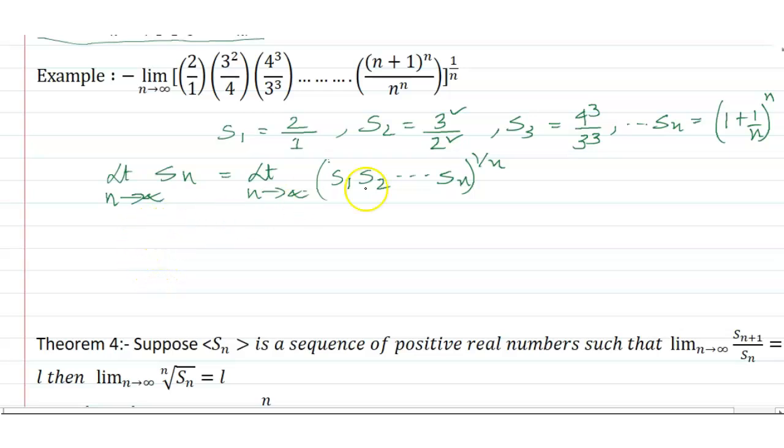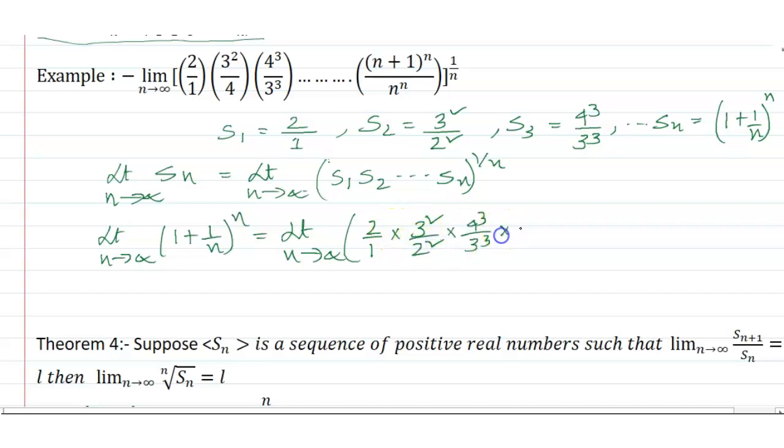So whatever we see, limit n tends to infinity (1 plus 1 by n) whole to the power n equals limit n tends to infinity (2 by 1 into 3 square by 2 square into 3 cube up to (1 plus 1 by n) whole to the power n) whole to the power 1 by n equals e.